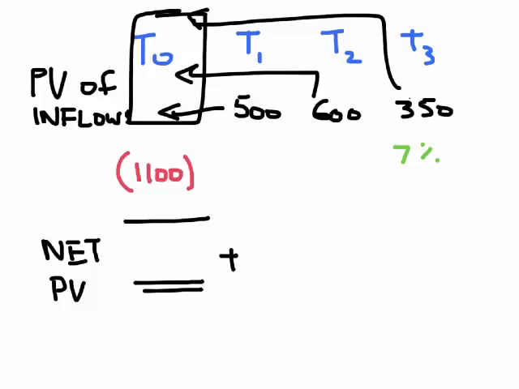Now sometimes you can answer the question whether NPV is positive or negative without discounting. In this case, can you do that? Will NPV be a positive or negative number? Can you answer that without discounting? It is difficult to answer.